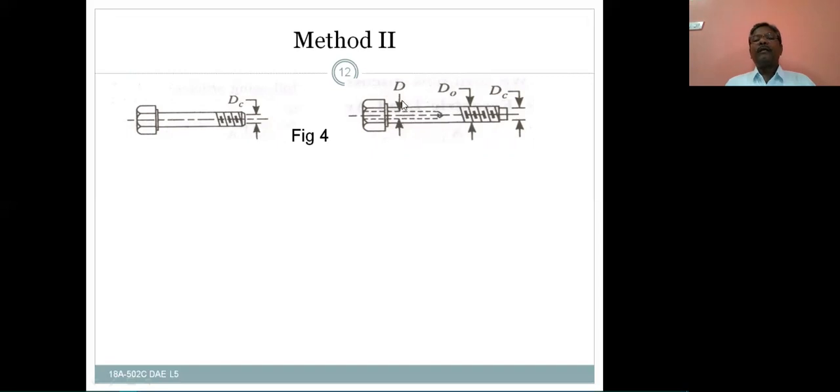So say D will be the hole diameter, DO will be the nominal diameter or major diameter, and DC will be the core diameter or minor diameter or root diameter.